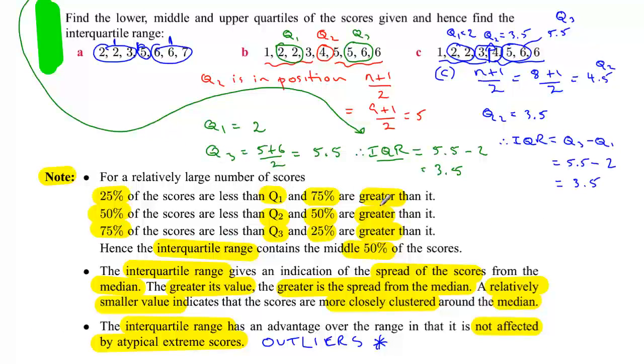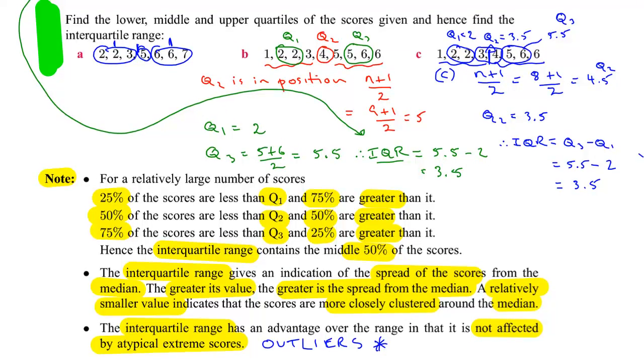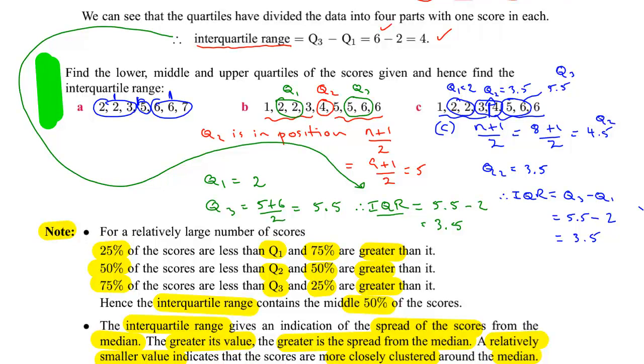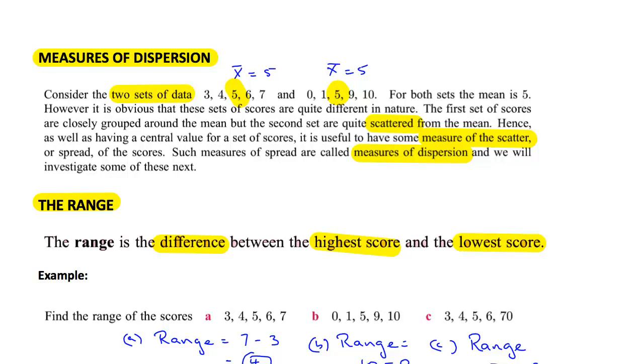Now I'm just going to go back very quickly and remember the first example that we did. If we go back to here, there you go, look at that one there. That is an outlier.